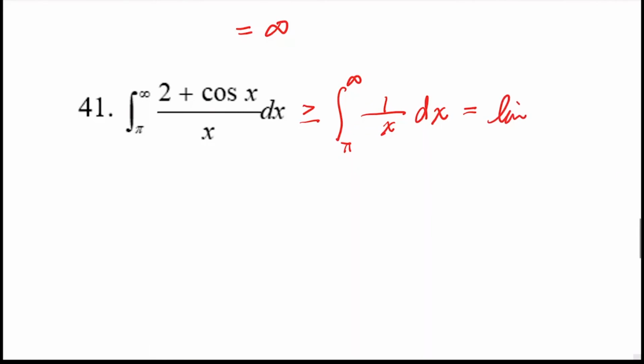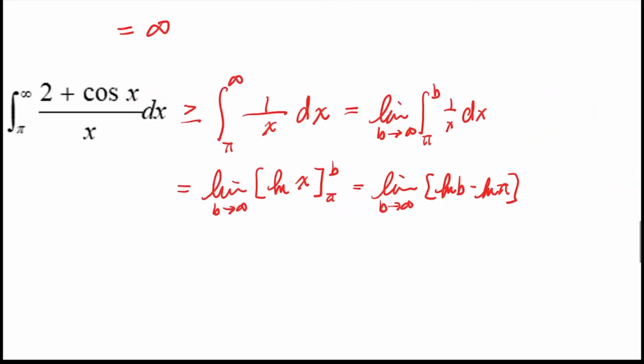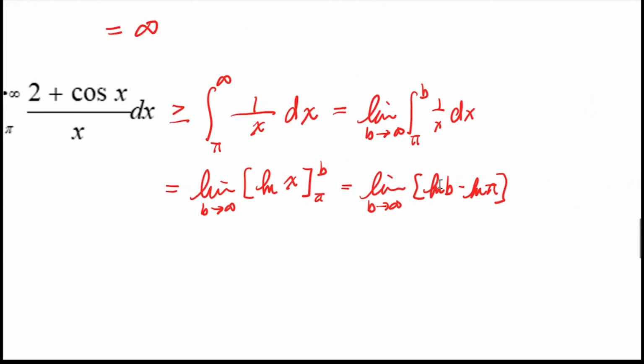That is the limit as b approaches infinity of the integral from pi to b of 1 over x dx, and that is equal to, I'm going to save a lot of space, the limit as b approaches infinity of ln x from pi to b, and now we have the limit as b approaches infinity of ln b minus ln pi, and now you take b to the limit to infinity, and this thing becomes infinity. How about that? I'm going to move the whole thing over a little bit.